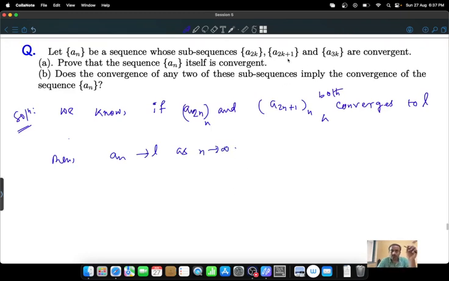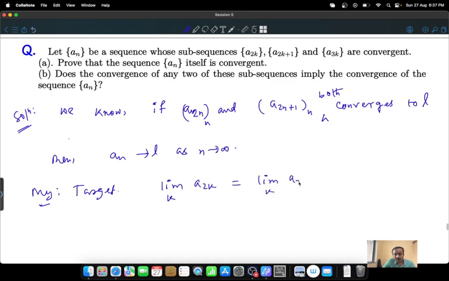Now here the given hypothesis does not give that. So my target is to somehow show that a_{2k} and a_{2k+1} both converge to the same limit by using the extra hypothesis given to us, a_{3k}. So my target is to show the limit of a_{2k} equals the limit of a_{2k+1}.